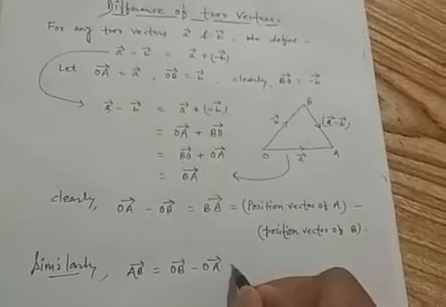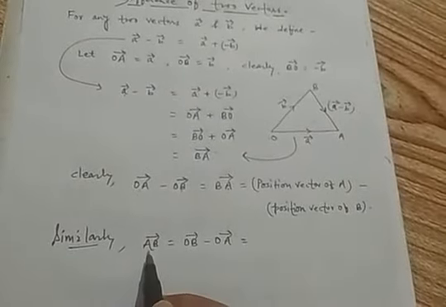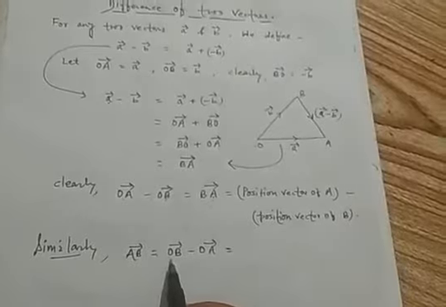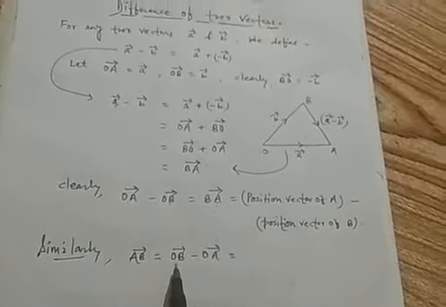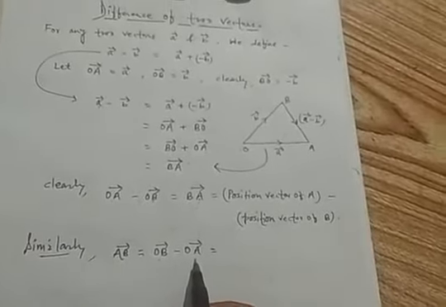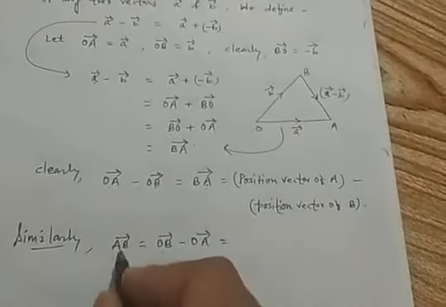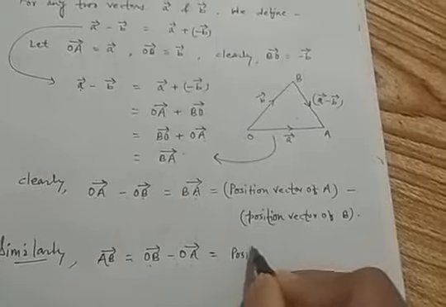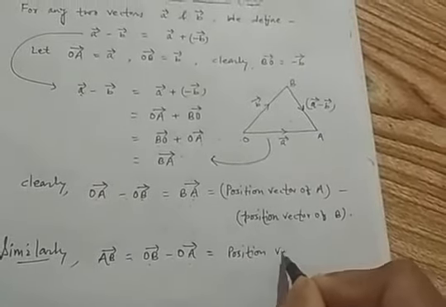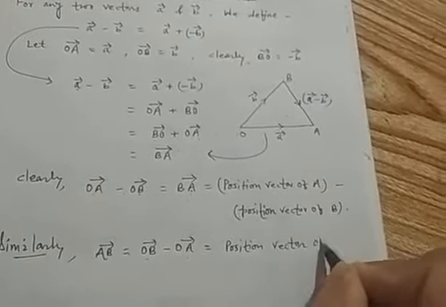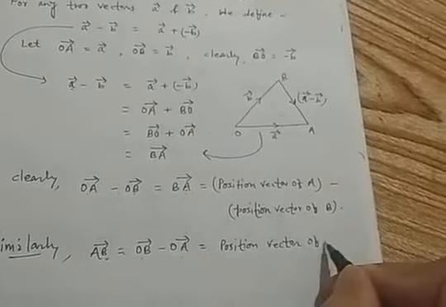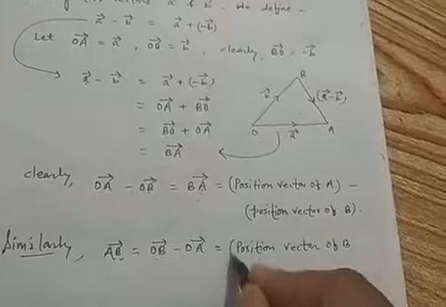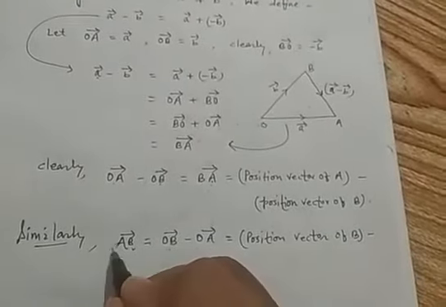So here the vector AB is equal to OB minus OA. So OB is equal to the position vector of B minus position vector of A. Okay, students. So here we can write the vector AB is equal to position vector of B minus position vector of A.